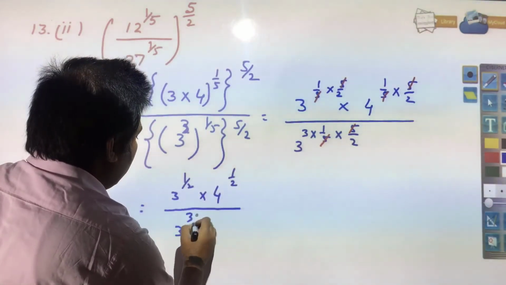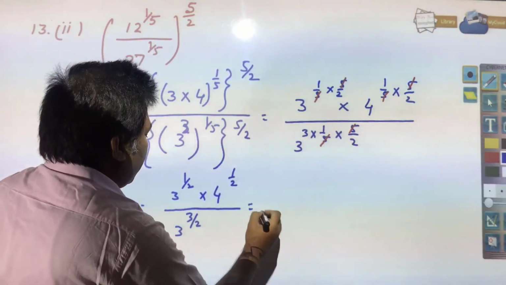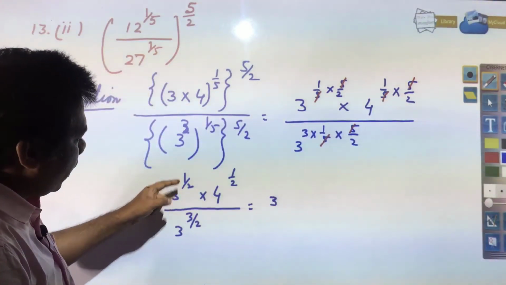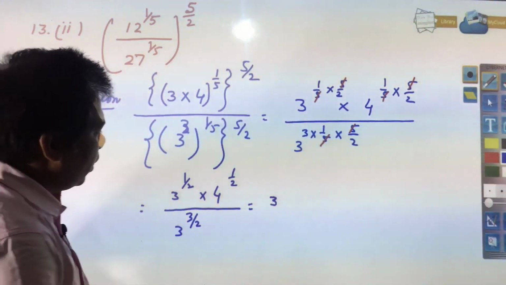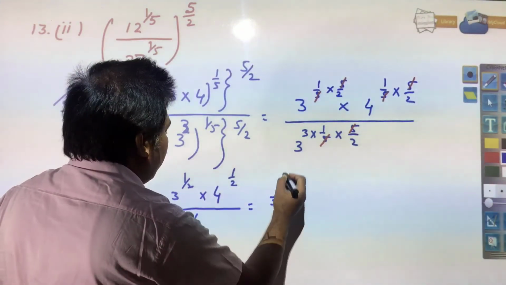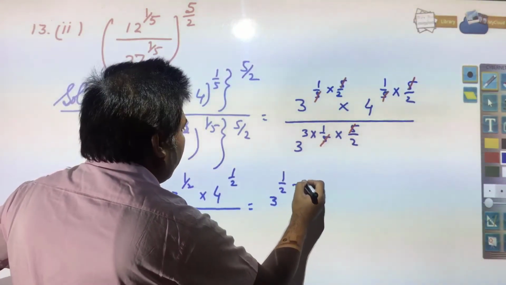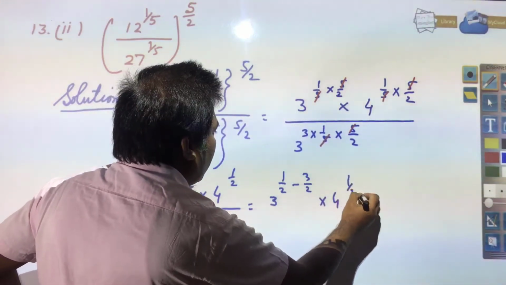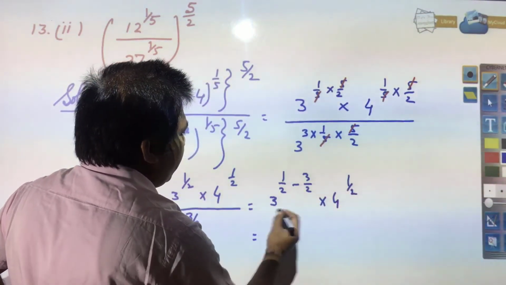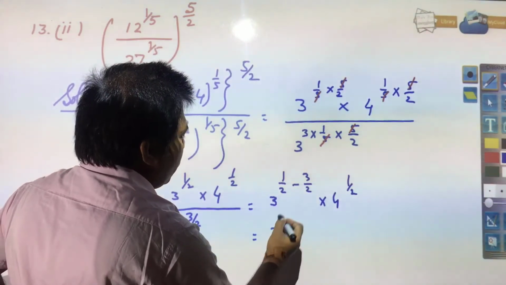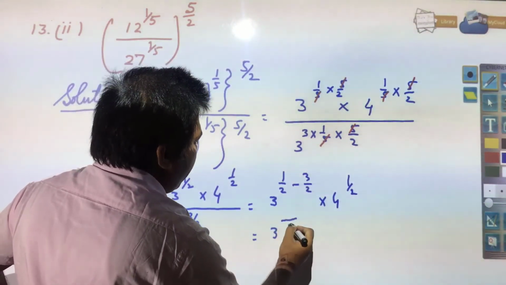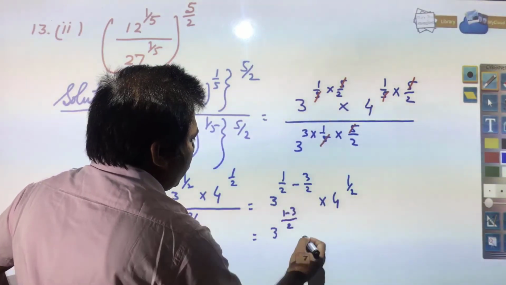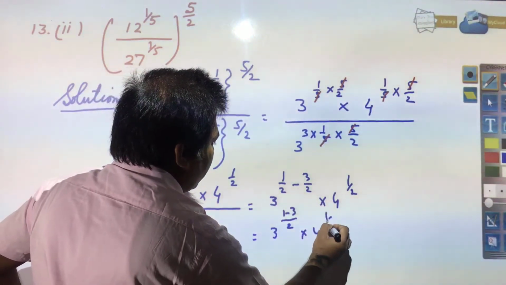Here you see a to the power m divided by a to the power n, so this will be 3 to the power 1 by 2 minus 3 by 2 into 4 to the power 1 by 2, and your LCM will be 2, and here you will have 1 minus 3.